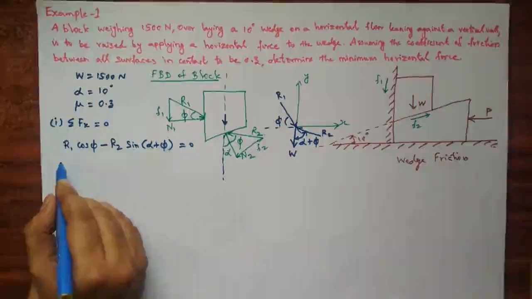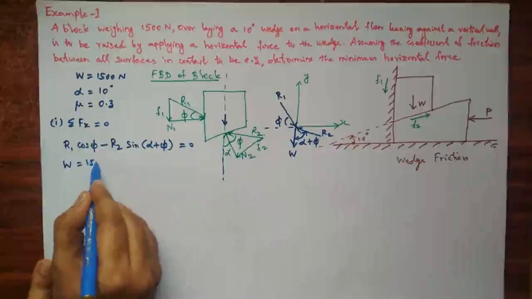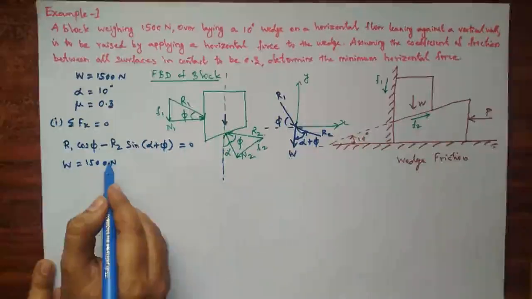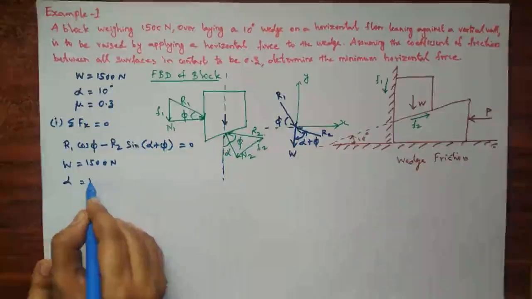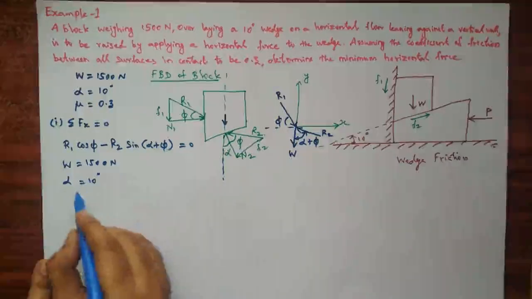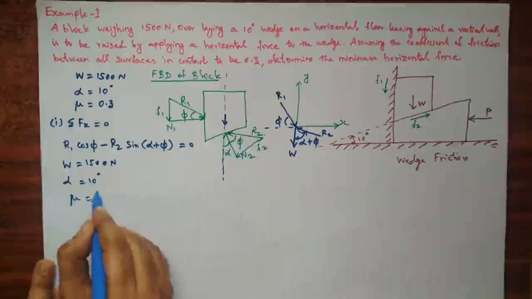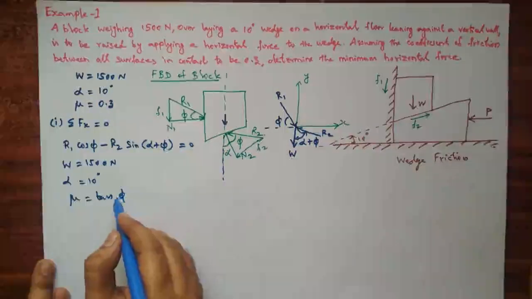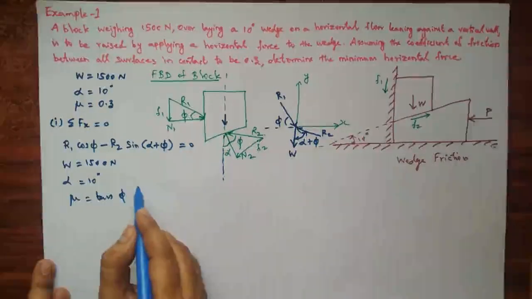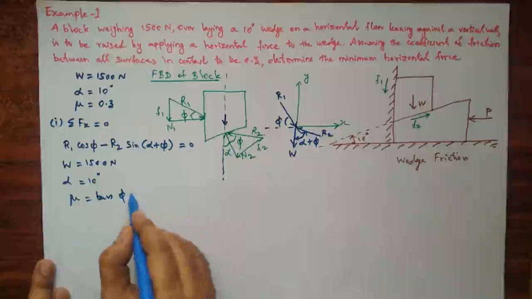You know W is equal to 1500 Newton, it's given in the problem. The alpha value is also given, 10 degrees. Mu is equal to tan phi, so I need to calculate the phi value. Mu equals sin phi by cos phi, which is equal to tan phi, which is equal to 0.3.